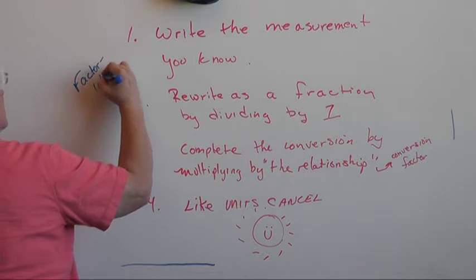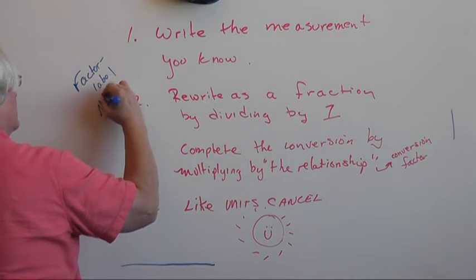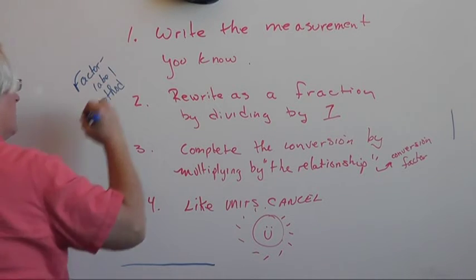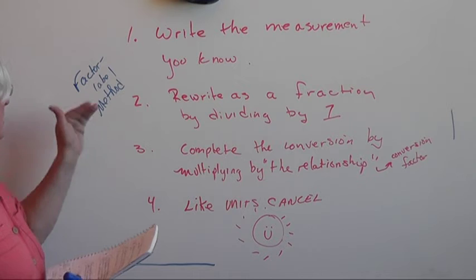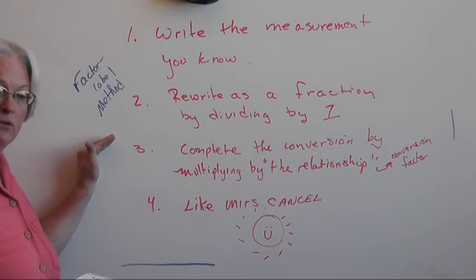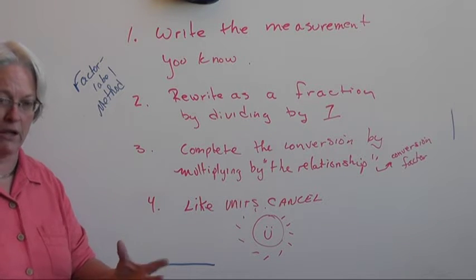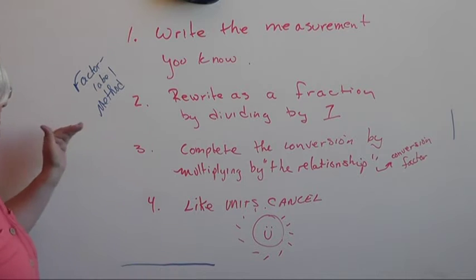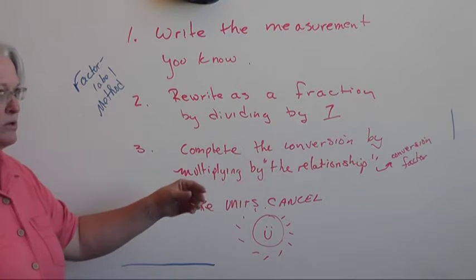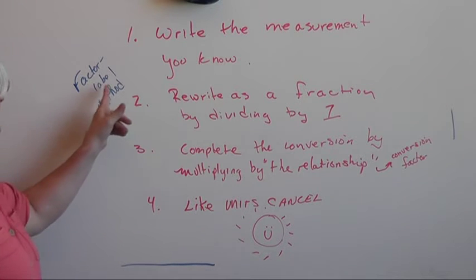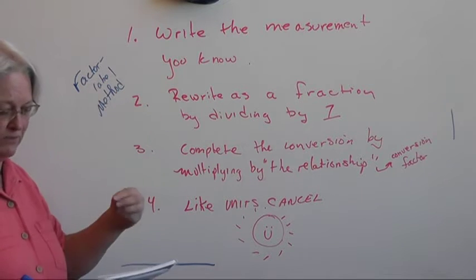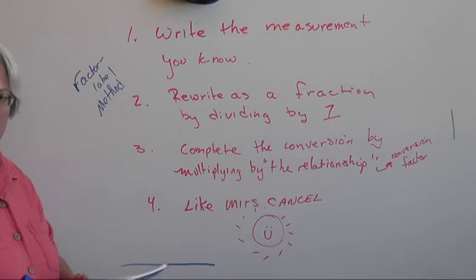Factor label method. And this is another one of those things that I don't ever remember being told that this process is called the factor label method. But in your text, whenever they refer to the factor label method, it's just making sure that you're canceling common factors, you're canceling common units, and that means that you've labeled the units that you're going to convert.